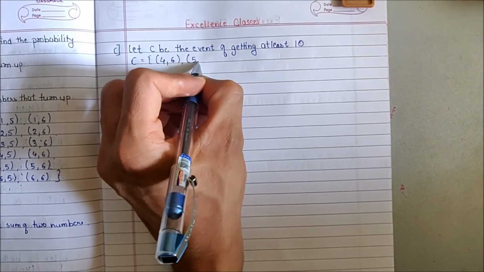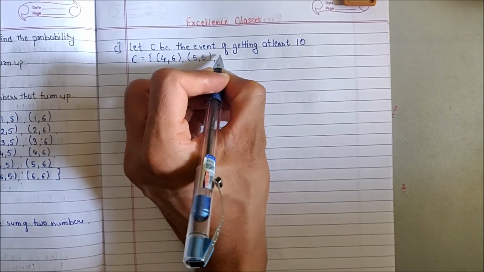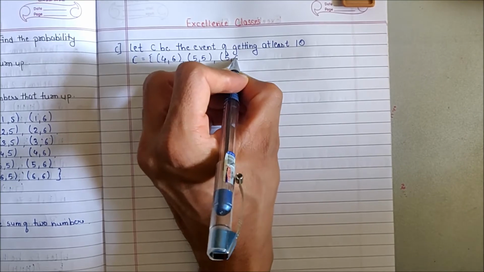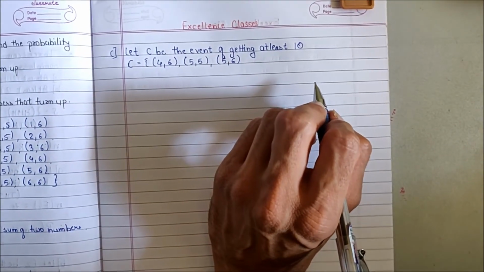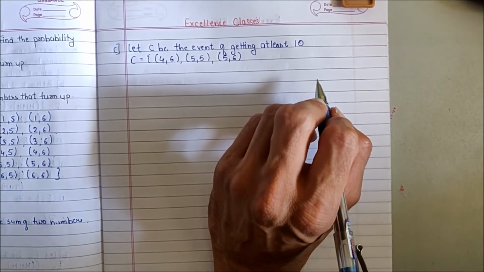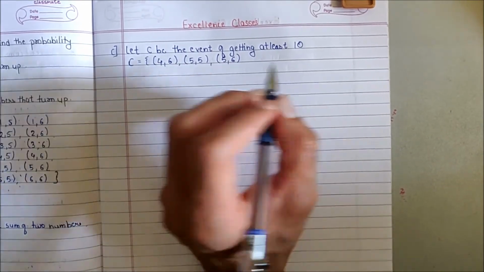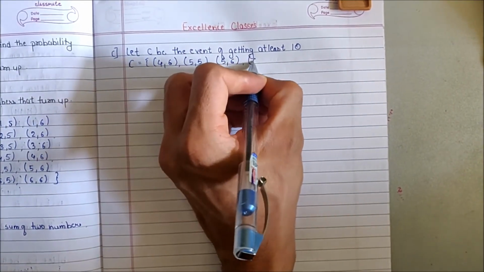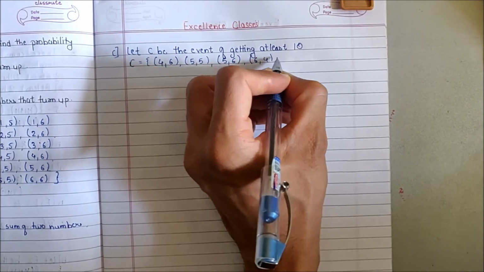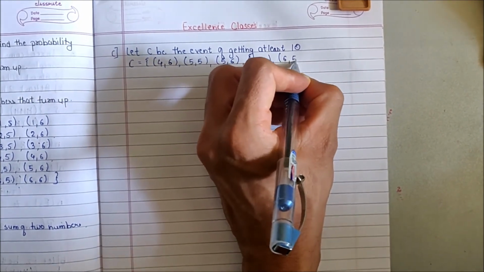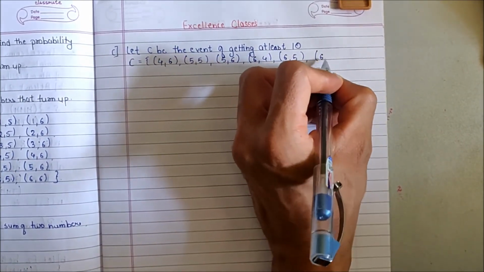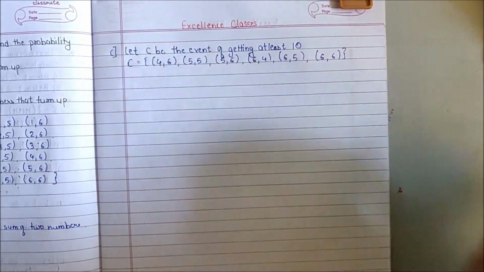Next is 5, 5. Then I can consider 5, 6, which gives me an addition of 11, and we want the total to be at least 10. Next, what I can consider is 6, 4, 6, 5 and 6, 6.